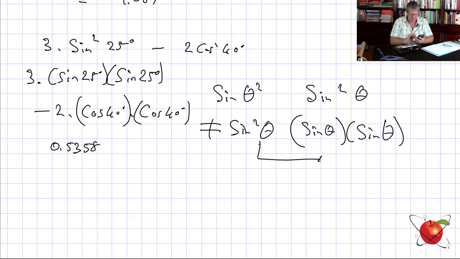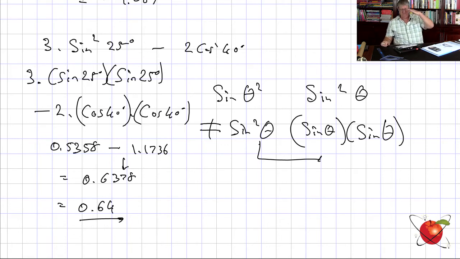Sine of 25, sorry, my bad. Sine 25 equals that, squared equals that, and then times by 3 is 0.5358 minus 1.1736, and equals 0.6378. And they said to 2 decimal places, which means I look to the third and it's greater than 5, so therefore 0.64. Okay, 5 or greater, round up, correct?